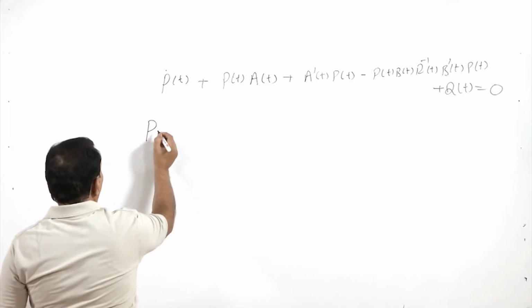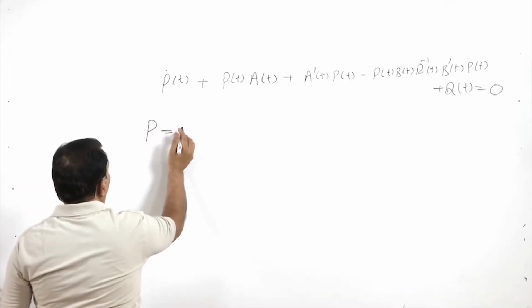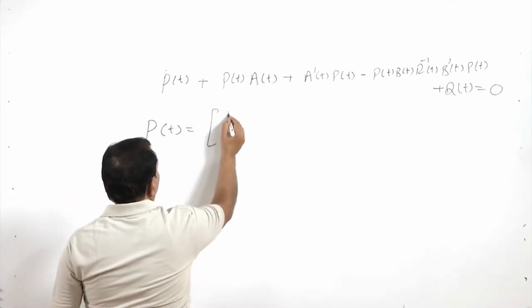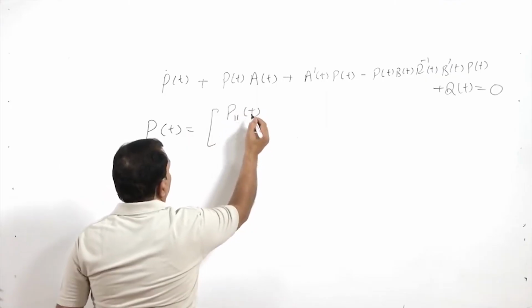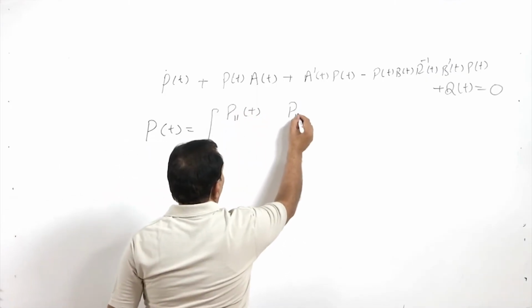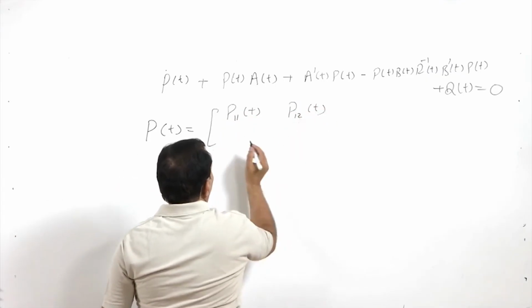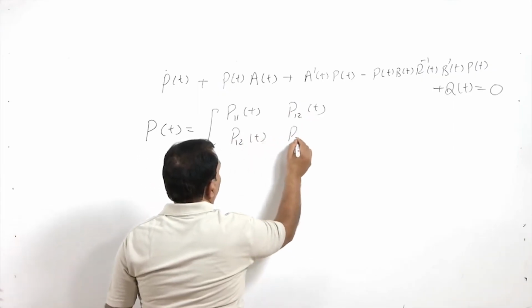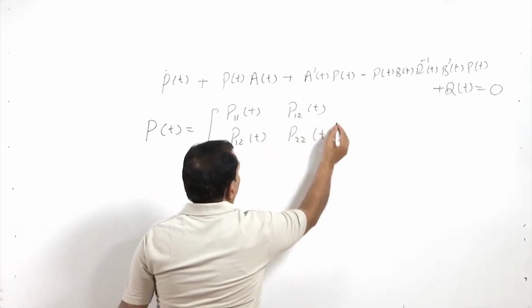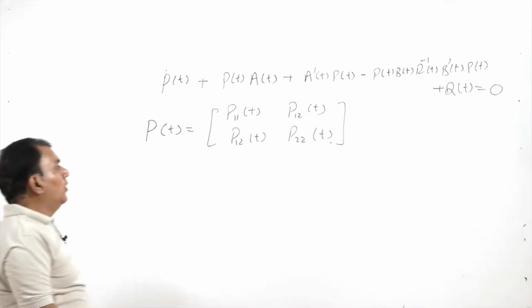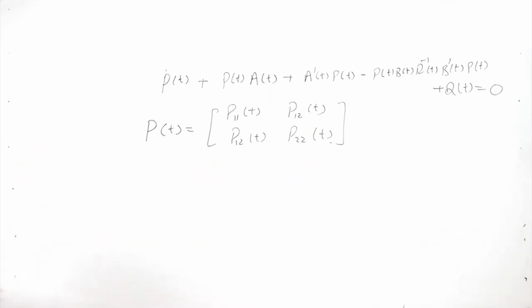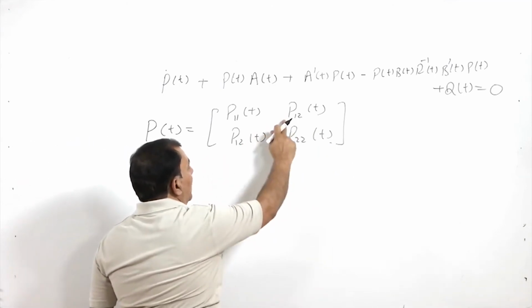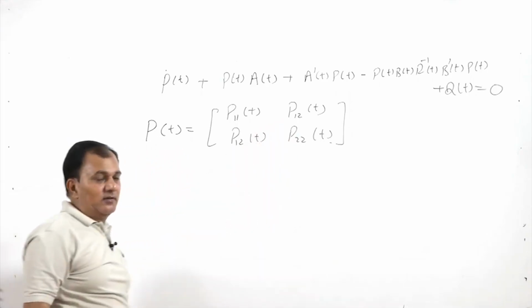For a second order system, I consider my P(t) as P11(t), P12(t), P12(t) and P22(t). So, we have considered this matrix as a symmetric matrix.